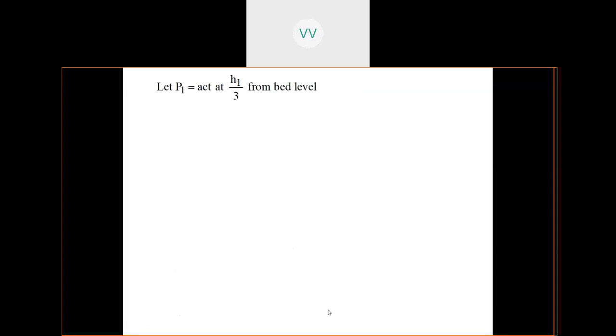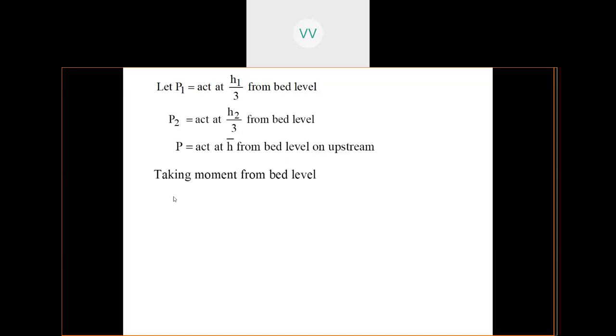Now coming to the location of these pressures. P1 acts at H1 by 3 from the bottom side of the gate, or from the bed level, and P2 is going to act at H2 by 3 from the bed level. The total pressure P is going to act at H bar, that means the center of pressure location from the bed level on the upstream side.